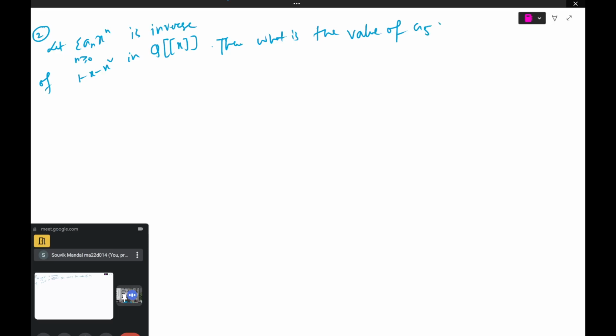Let me repeat. It is given that the summation of a_n x^n is the inverse of 1 minus x square in Q double bracket x.